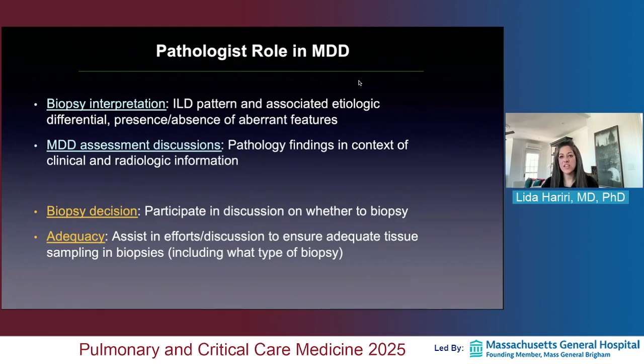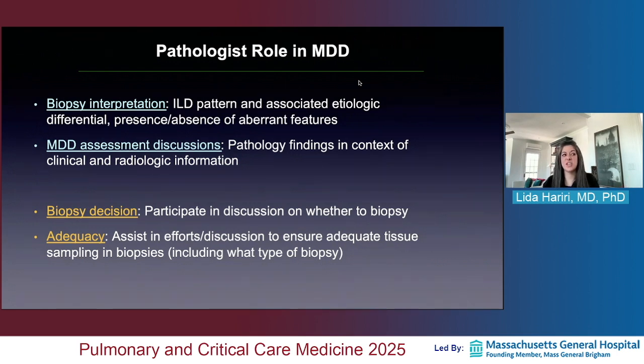However, I think now as we're moving towards more precision-based medicine for your individual patients, where we're taking the biopsy decision much more thoughtfully and carefully to really answer that question of, is it going to really change what I do, it may be helpful to have the pathologist involved in that discussion to ask, this is my specific question, and based on if we were to get a biopsy in this individual patient, how likely do you think it is that you'd be able to make the distinction between X, Y, and Z differential diagnosis?